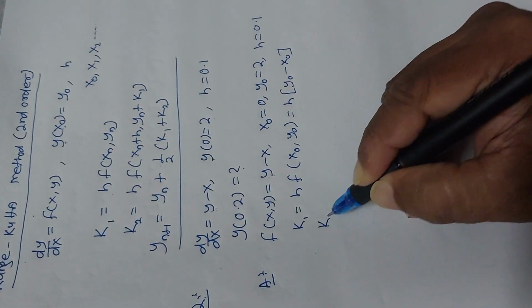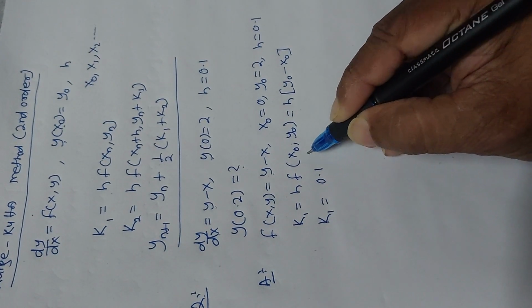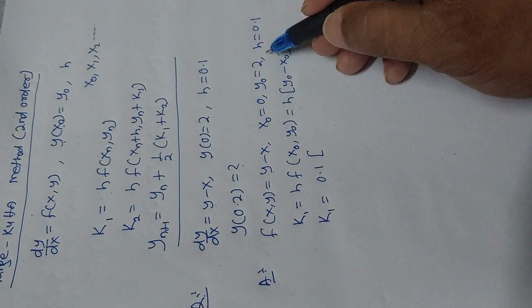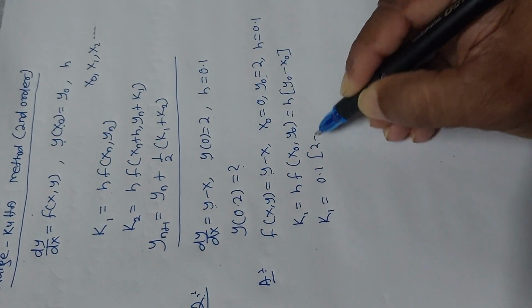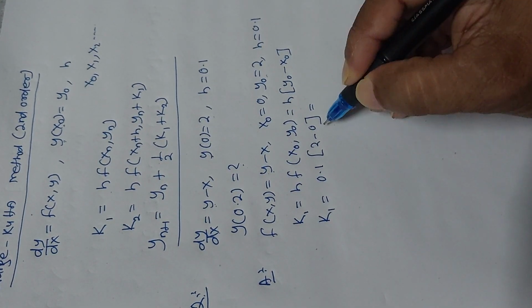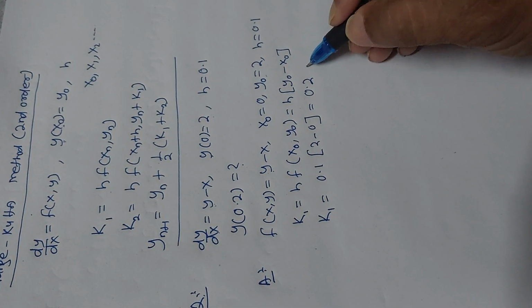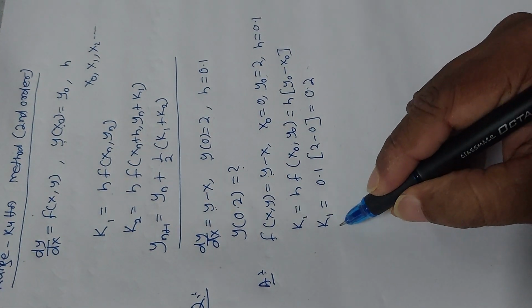So, k1 is 0.1 into 2 minus 0, that is 0.2. Here the value of k1 is 0.2.